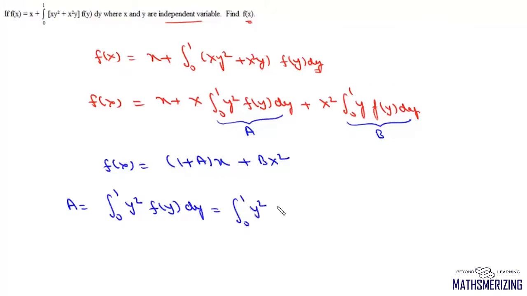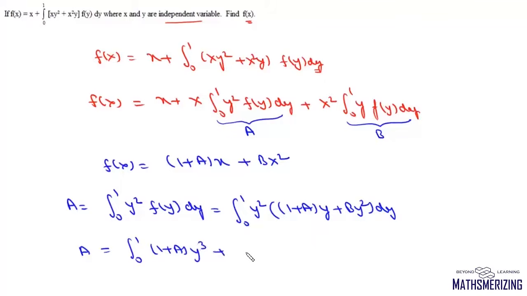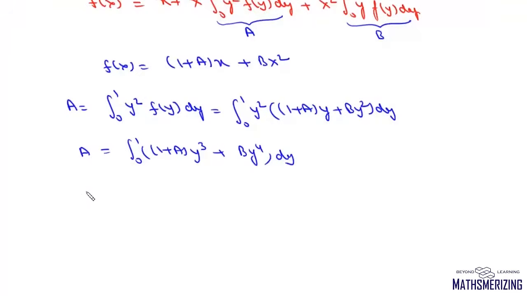Now what is f(y)? f(y) will be 1 plus a into y plus b y² into dy. So we can write a as this integral from 0 to 1 of (1 plus a) y³ plus b y⁴ dy. Now if we integrate this function, we'll get a equals (1 plus a), and this is y⁴ upon 4.